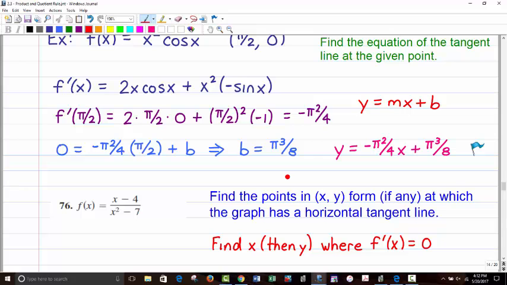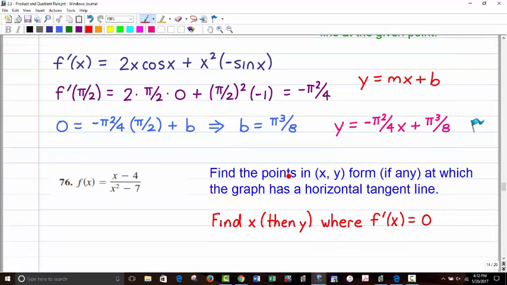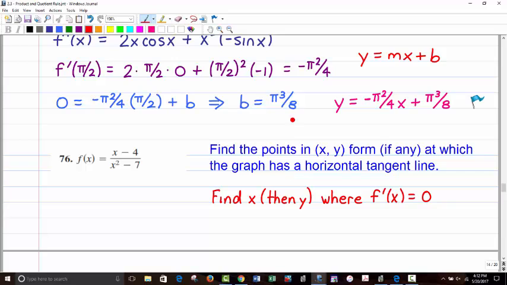Find the points in XY form at which the graph has a horizontal tangent line. So notice sometimes it'll say just find the x values. That means we only want x.